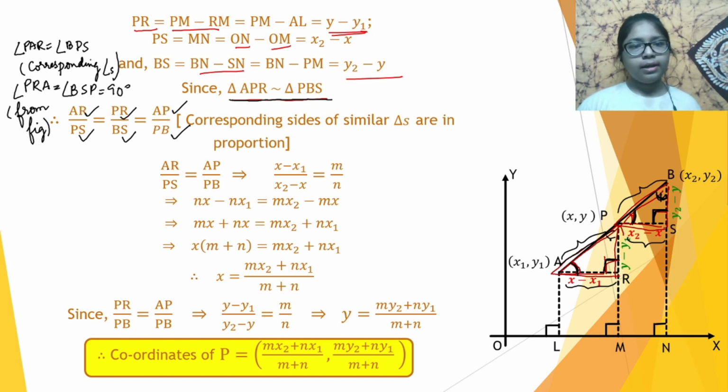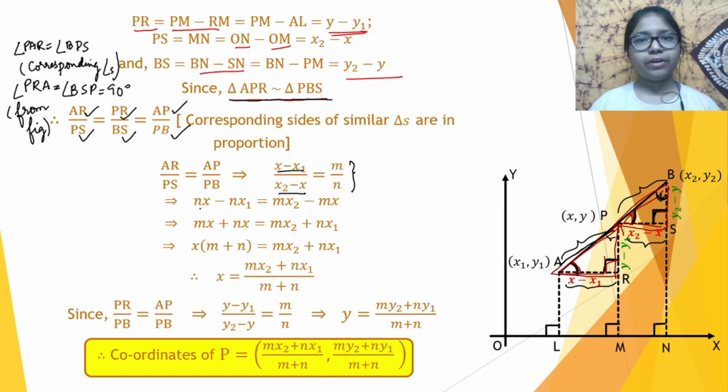So taking AR by PS equals AP by PB gives AR is x minus x1 and PS is x2 minus x, which equals m is to n. Because in the first step we have considered that AP by PB is m is to n. So by cross multiplying, it will give nx minus nx1 equals mx2 minus mx.